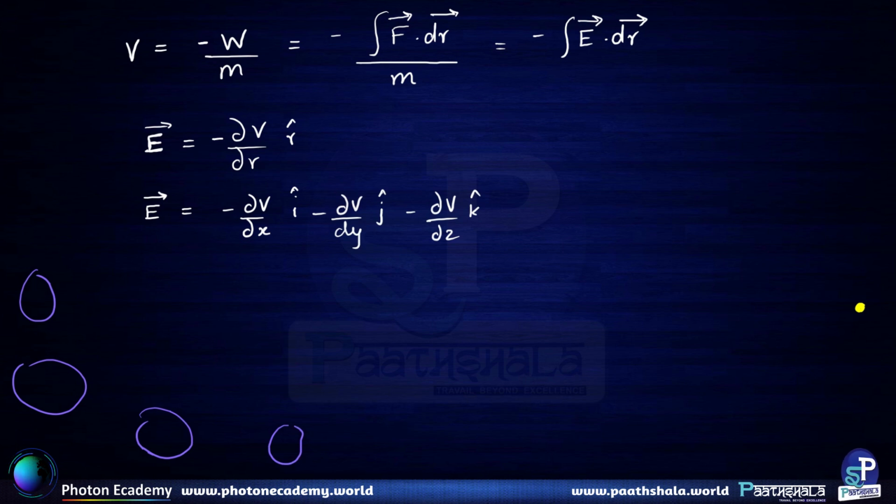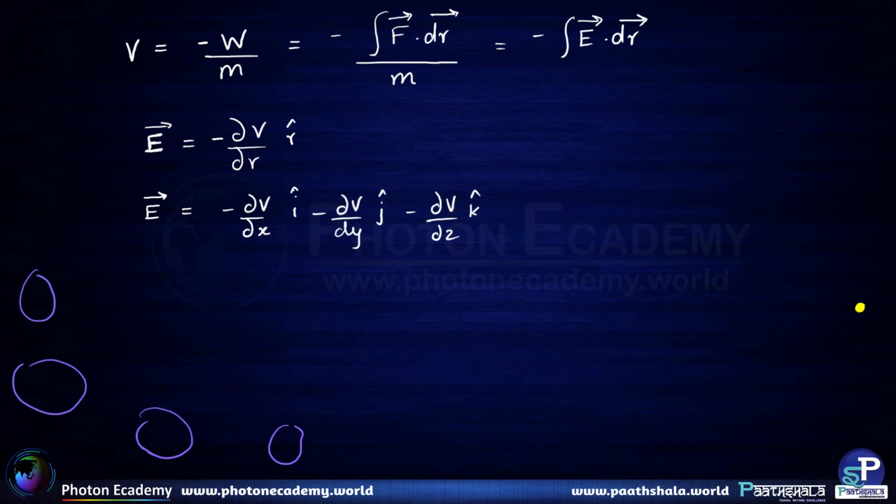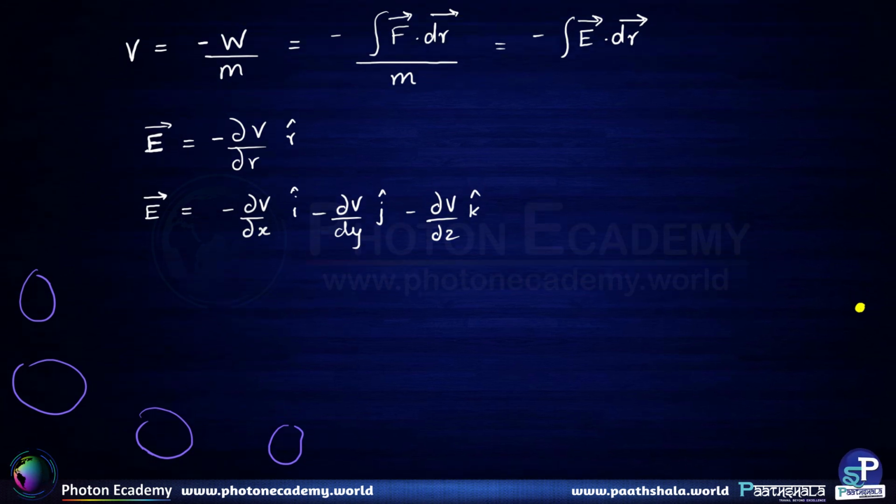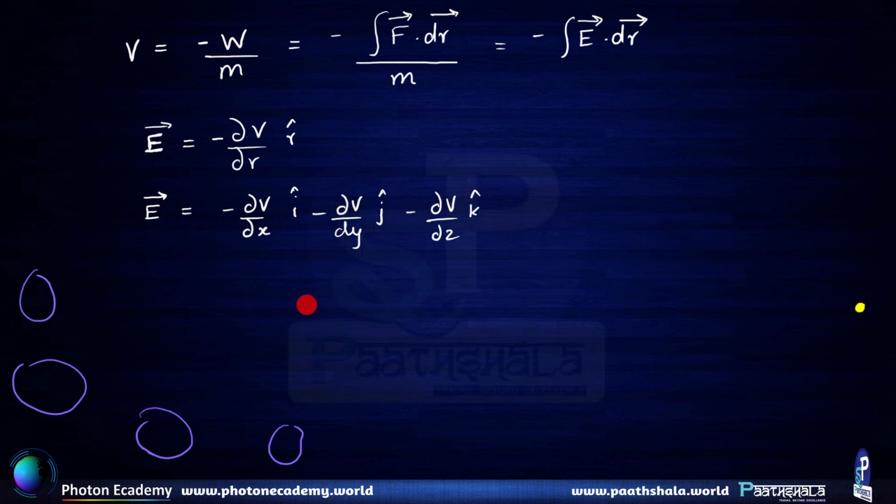All these masses are creating a gravitational field throughout space, and we move our mass from infinity. Let us say this is the mass that we have over here, and we want to move it from infinity to a finite location.